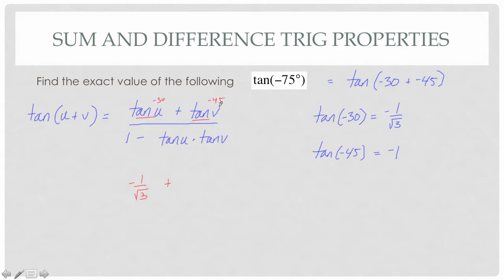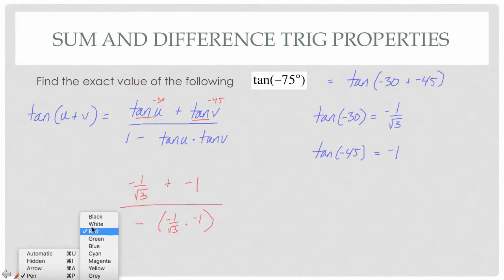That's negative 45 degrees, which is negative 1. So negative 1 over square root of 3 plus negative 1, that's in my numerator, divided by 1 minus, and then multiply them. So negative 1 over square root of 3 times negative 1, just like that. Looks great, right? Let's simplify this thing down.